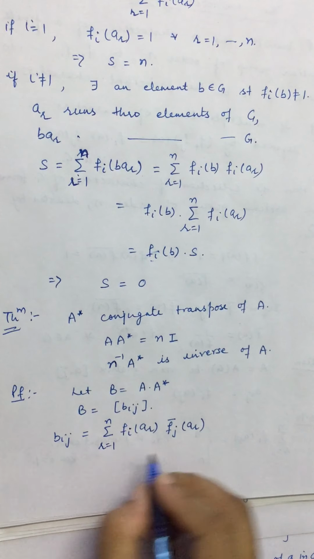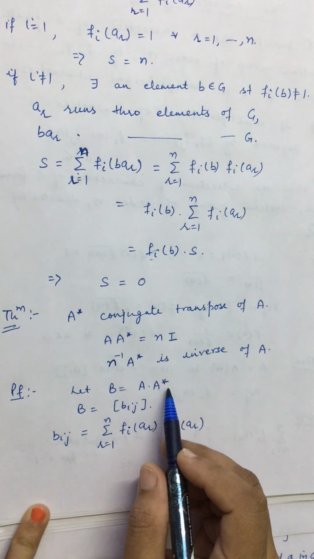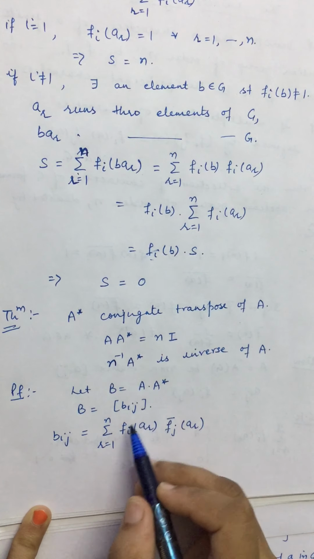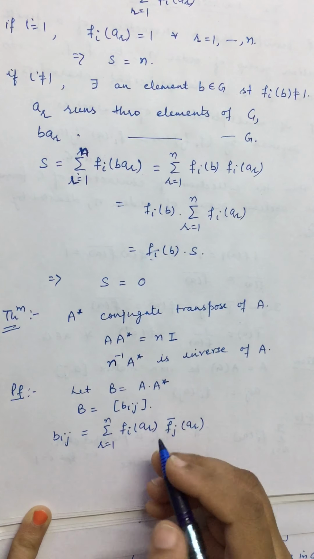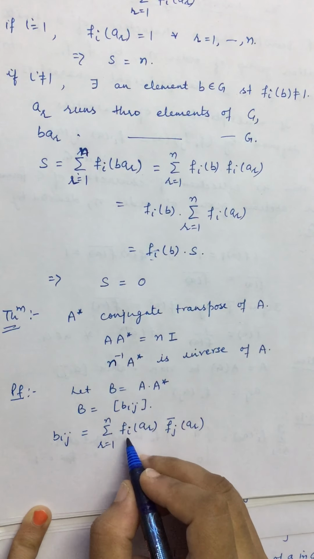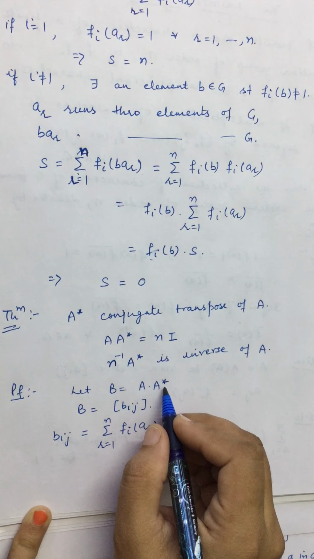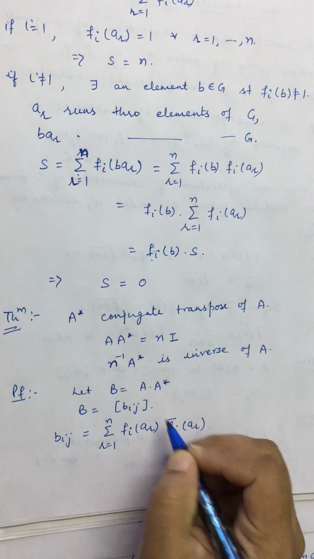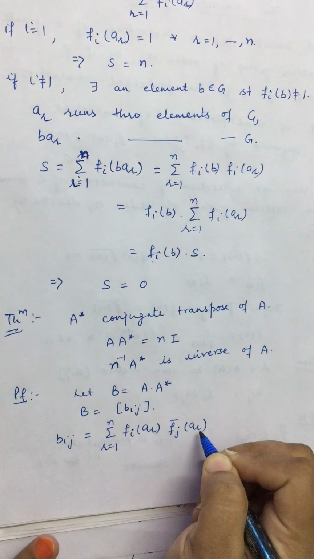Why have we written b_ij like this? Because B is A into A star, so b_ij will be the irth element of A and the rjth element of A star, summed over r varying from 1 to n. The irth element of A is fi(a_r), and the rjth element of A star is the conjugate of the jrth element of A. So the conjugate of the jrth element of A is fj bar(a_r).